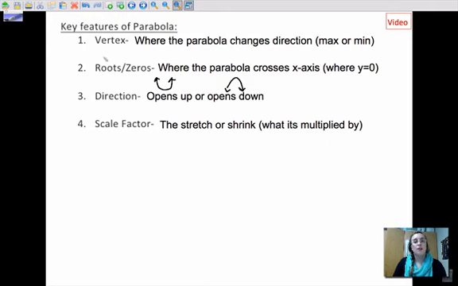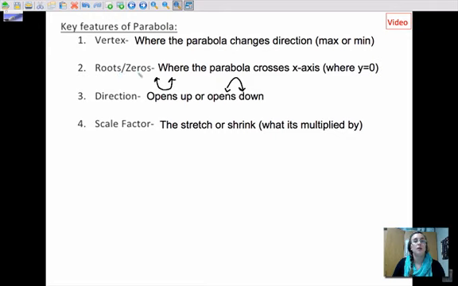And then the very last thing, which we haven't really seen yet so far in this unit, is the roots or the zeros. Okay? I would say that this is equivalent to the y-intercept for a line. So when we're graphing a line, one of the most important points that you use is the y-intercept to tell you where to graph that line. In a parabola, the two most important points are called the roots, and they're also called the zeros.